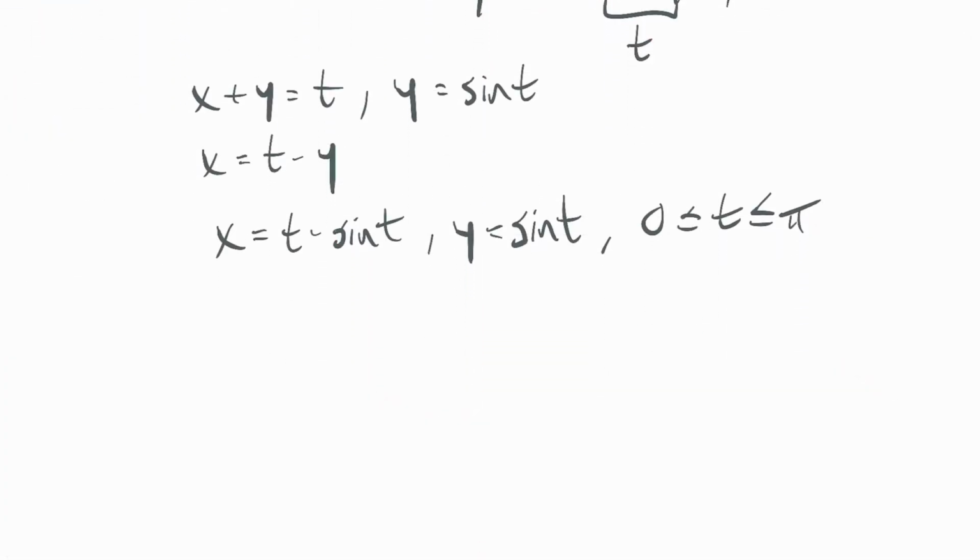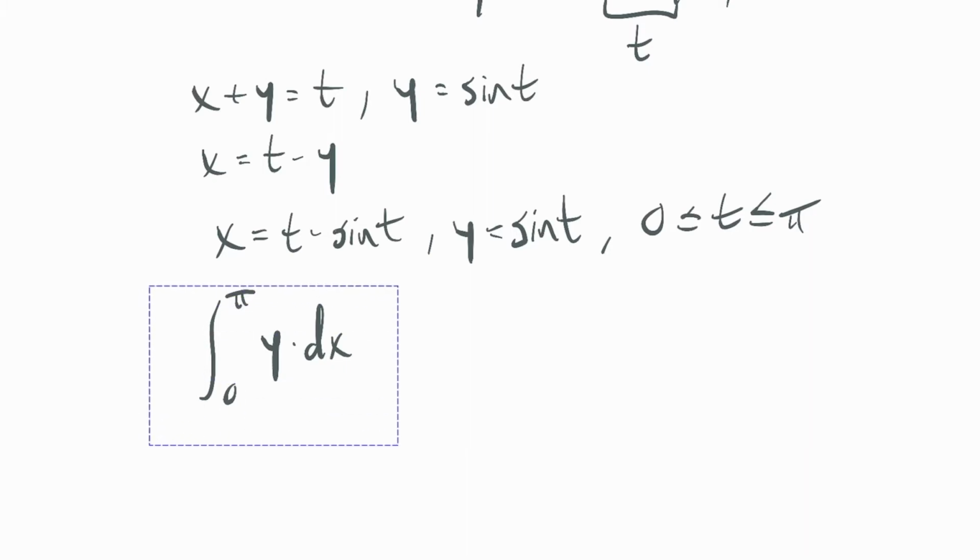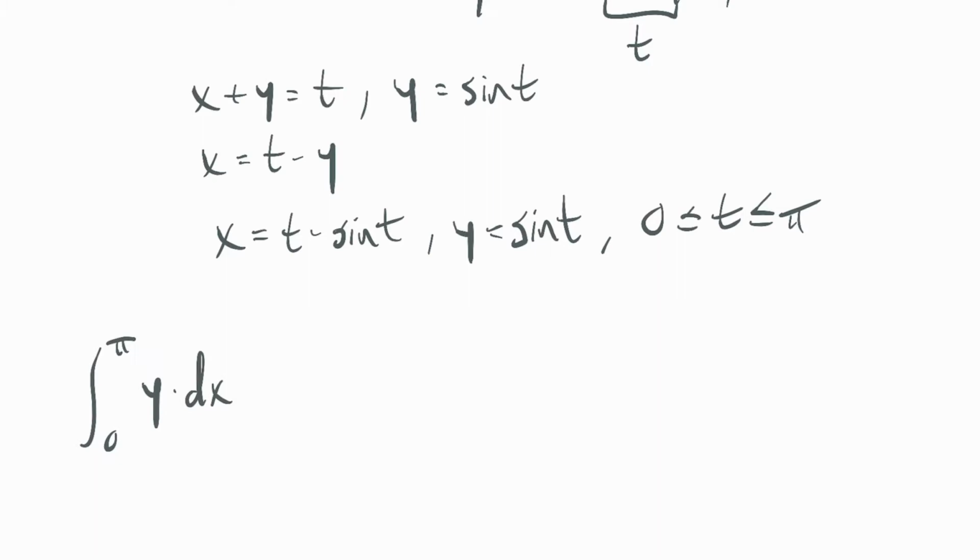So I'm going to want to do the integral from 0 to pi of y times dx. That's how we find area just in general. So I'm going to need to find dx.